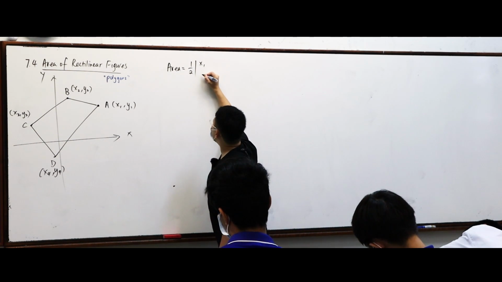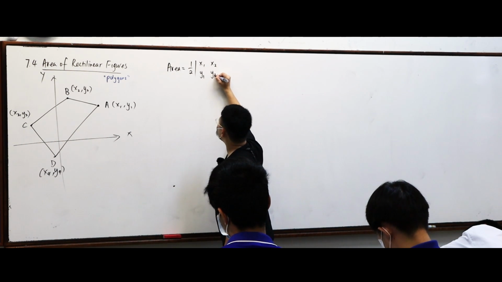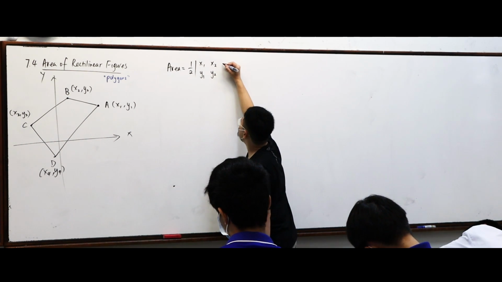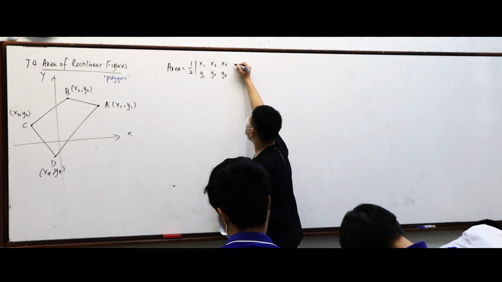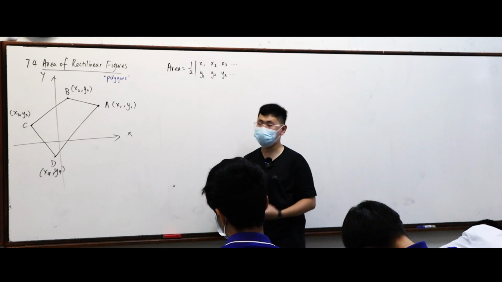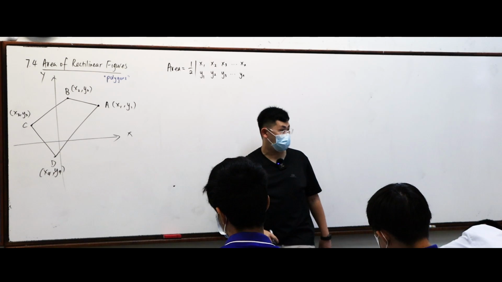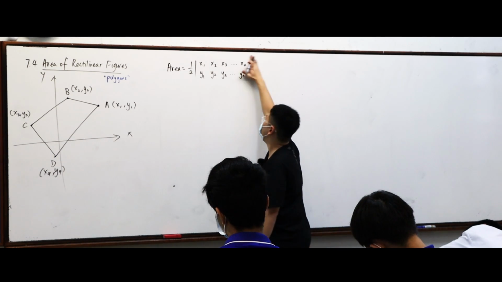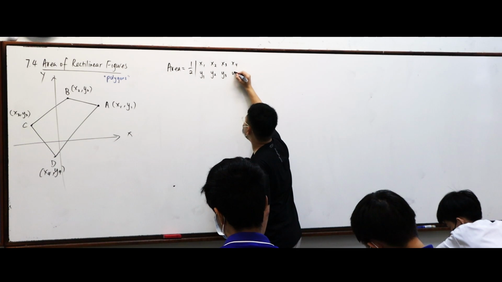We have our x1 and y1, and then x2 and y2. I'll list down x3 and y3, and then I'll go on forever and ever until I reach my last point, xn and yn, if I have more than 4 points. But since I have 4 points, let me stop at these 4 points.